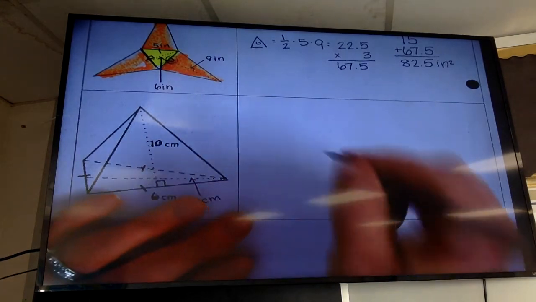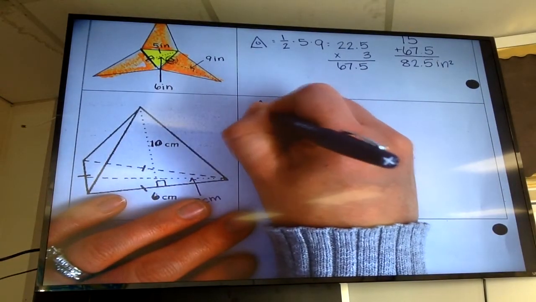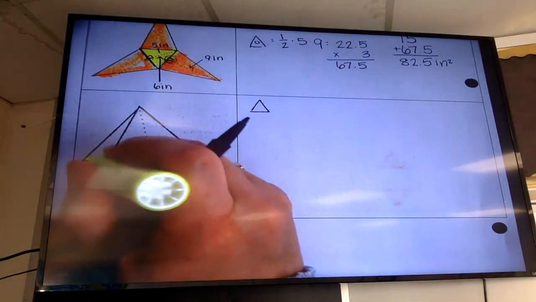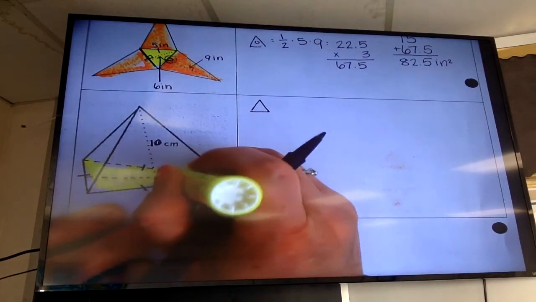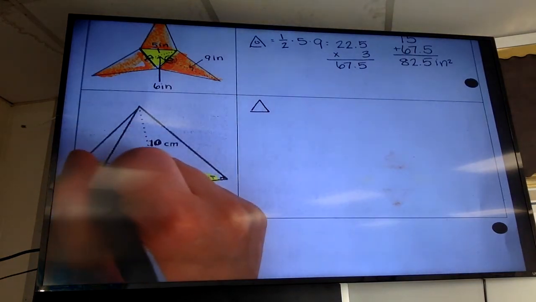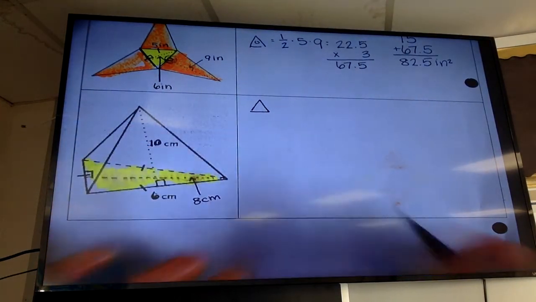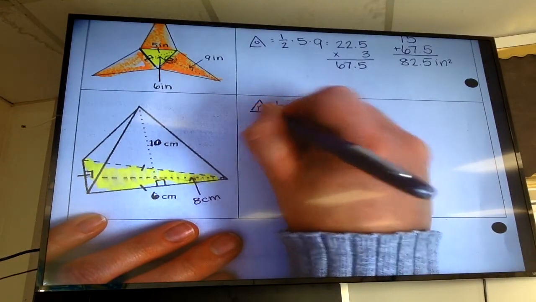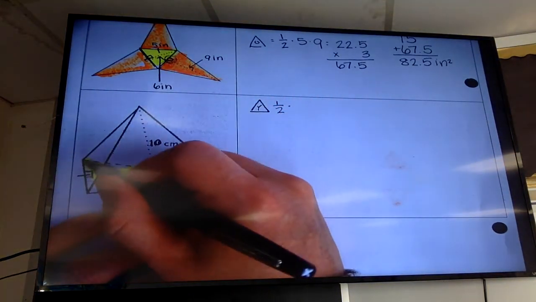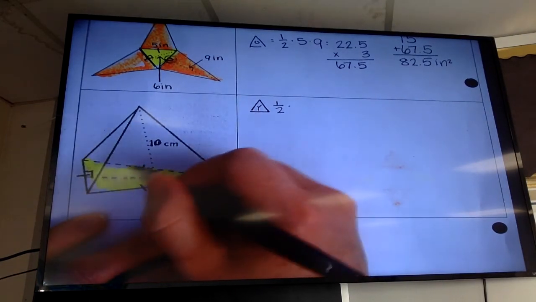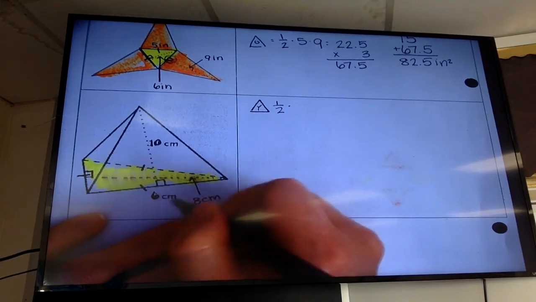All right, let's see how you did. So the triangular base, that would be this triangle right here. Let's put in the 90-degree mark too. Okay, so I'm going to say 1/2 times the base, that's right here, and I see a congruency line, which means I have to look at my 3 sides and find one that has a measure, and that's right here, 6 centimeters.